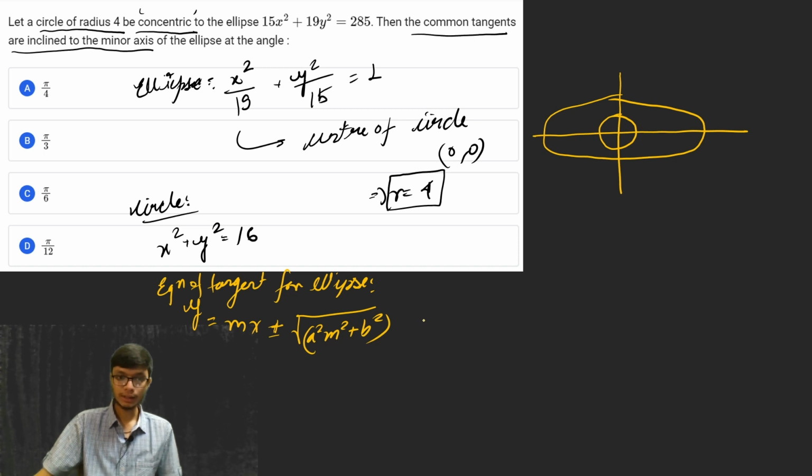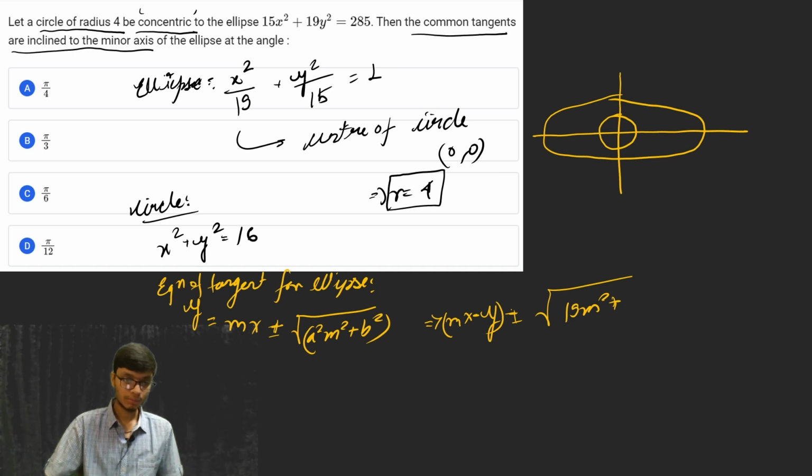You can also write this as mx minus y plus or minus root under 19 m square.